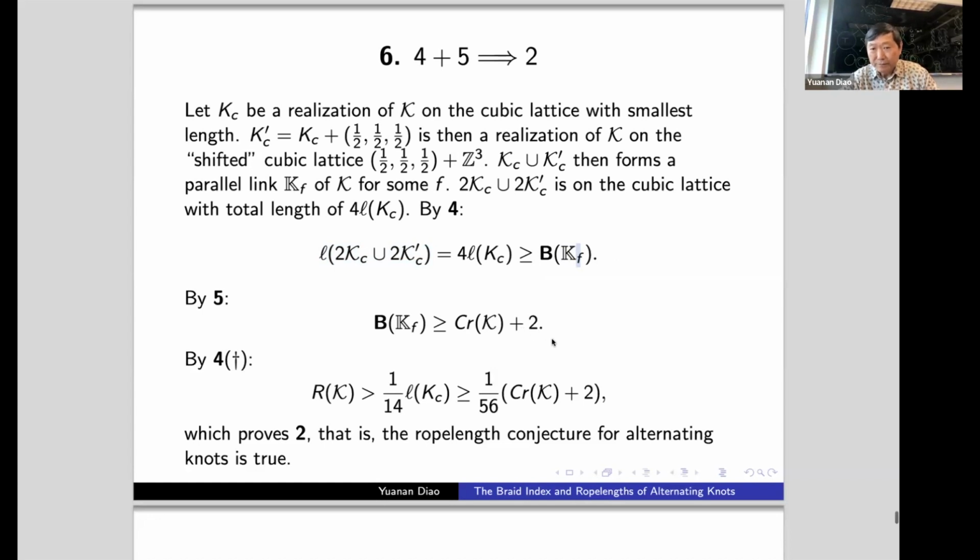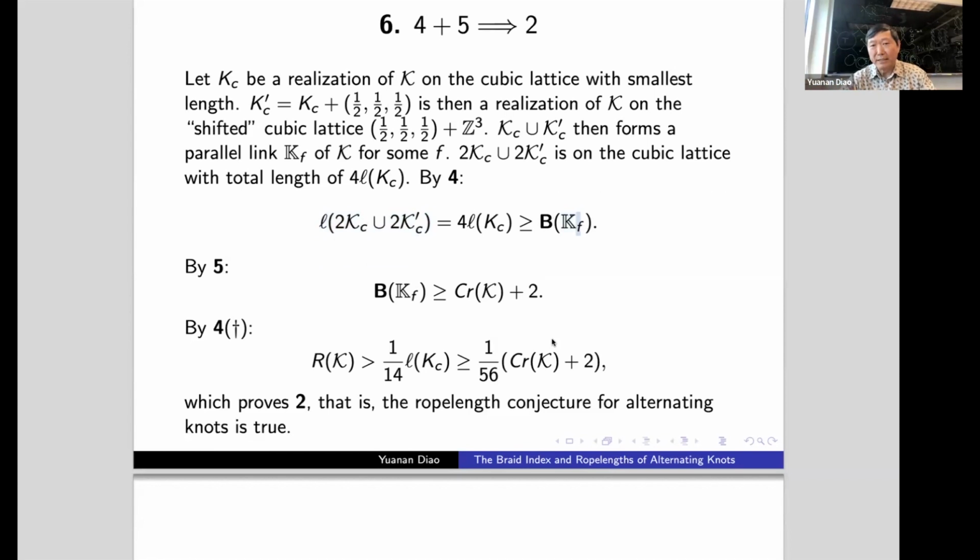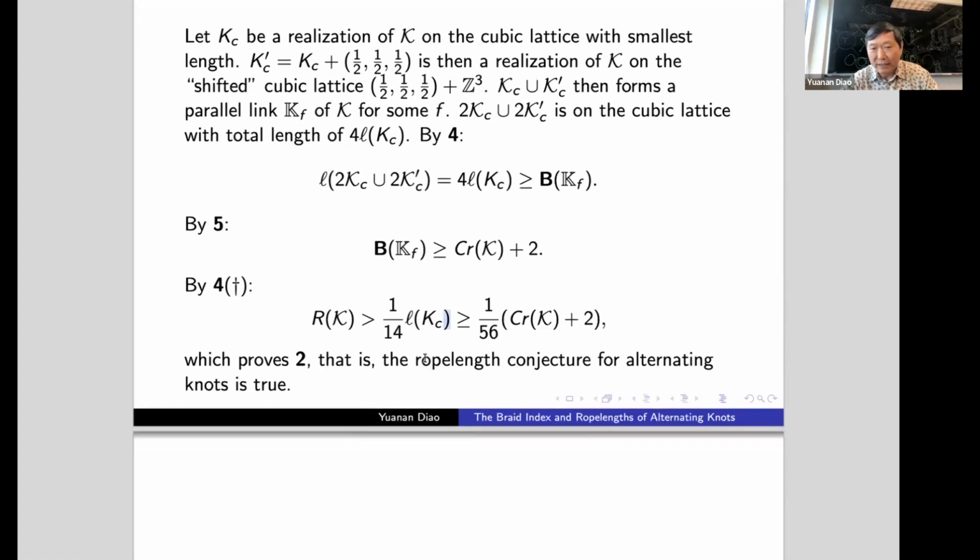And therefore, I can put the two things together, because that is bigger than this. Therefore, our rope length is bigger or equal to 1 over 14 times the minimum length of Kc, the lattice realization.